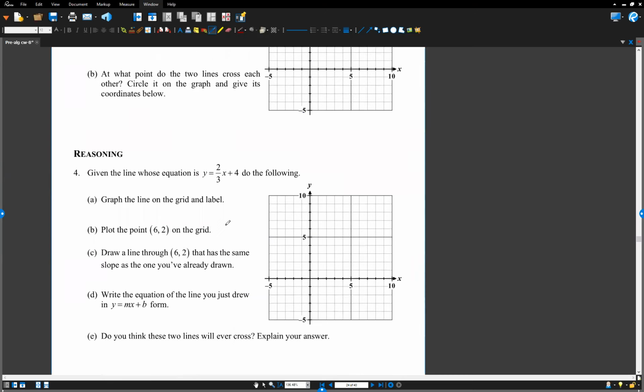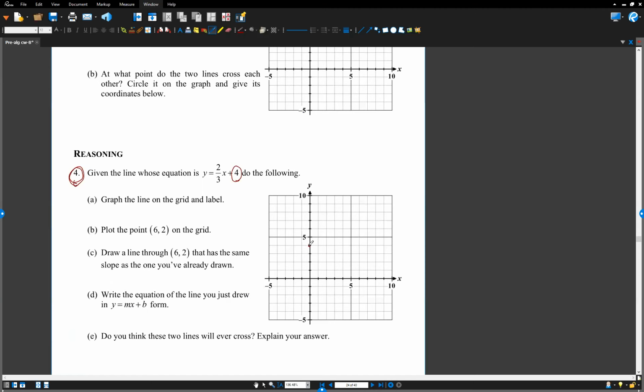Okay, now number 4, after this we really finish. Given the line with the equation y equals 2/3x plus 4, let's make a graph of the line. The starting point on the y-axis is 4, the b value.